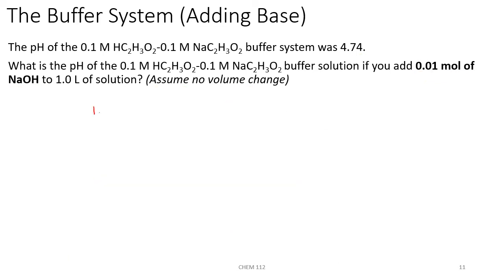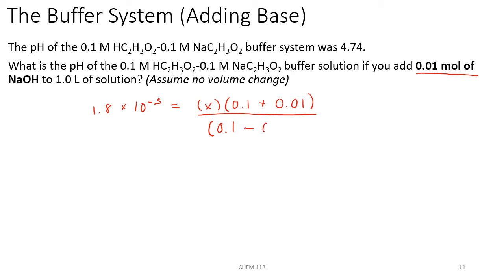So our buffer system, when we add strong base to it, will end up changing and being, we'll have X for our hydrogen ion concentration. For our acetate, that's going to be 0.1 plus however much base we added. We added 0.01 moles of base. So since we're assuming no volume change, we'll just simply add 0.01 to that value because that went up by that amount, over our weak acid concentration, which was 0.1 for our acetic acid, but that's going to go down by how much base we added, so we're going to subtract 0.01.